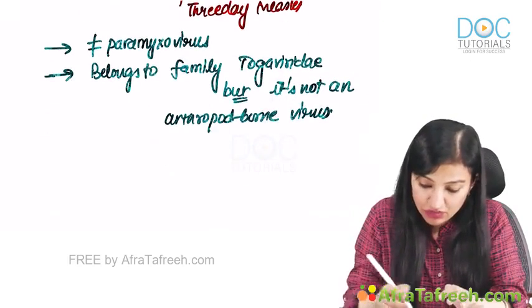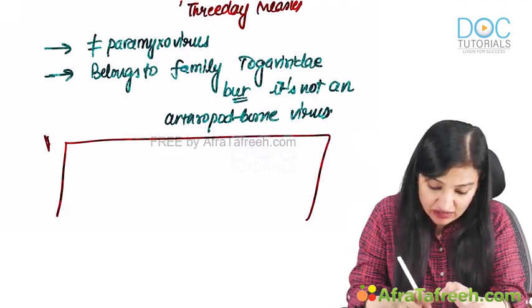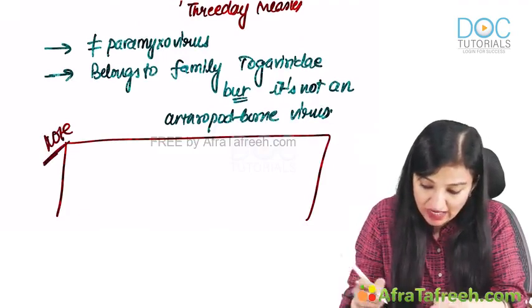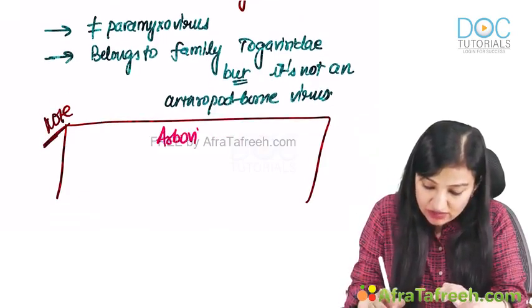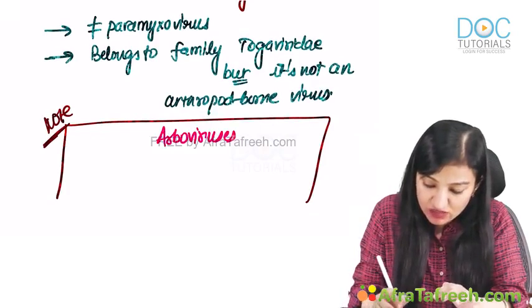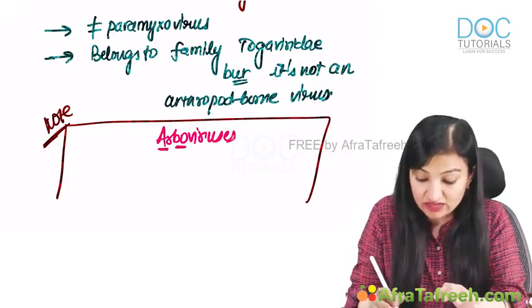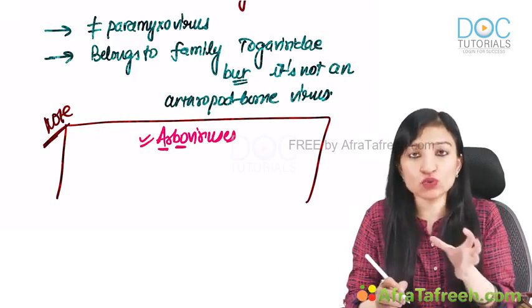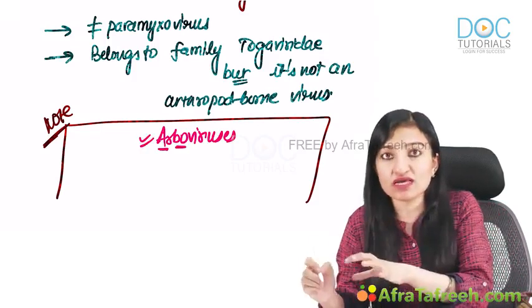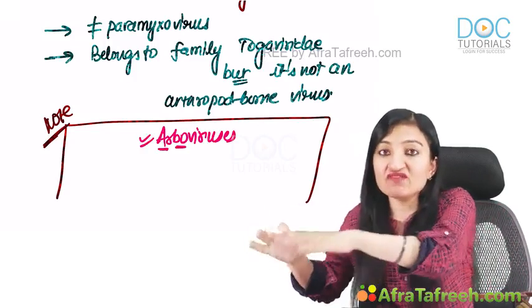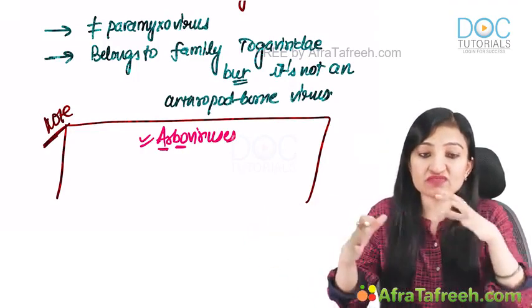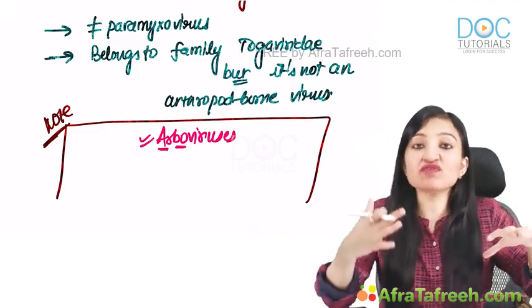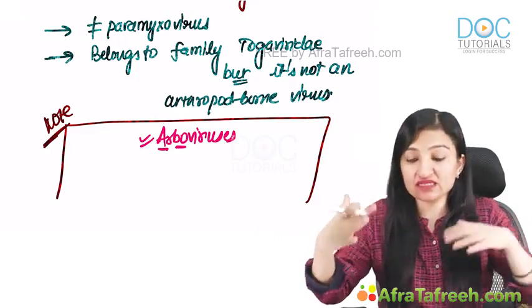Now, remember, we can make a note of this fact in this box. Make a note that arboviruses means arthropod-borne viruses. So basically, there are some arthropods like mosquitoes or ticks, which pick up a virus from some animal reservoir. And when these mosquitoes or ticks bite human beings, the gift which we get from them is the virus.